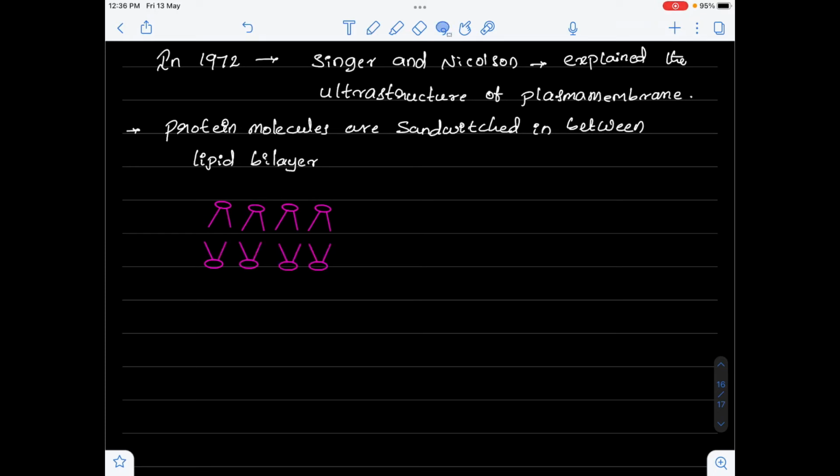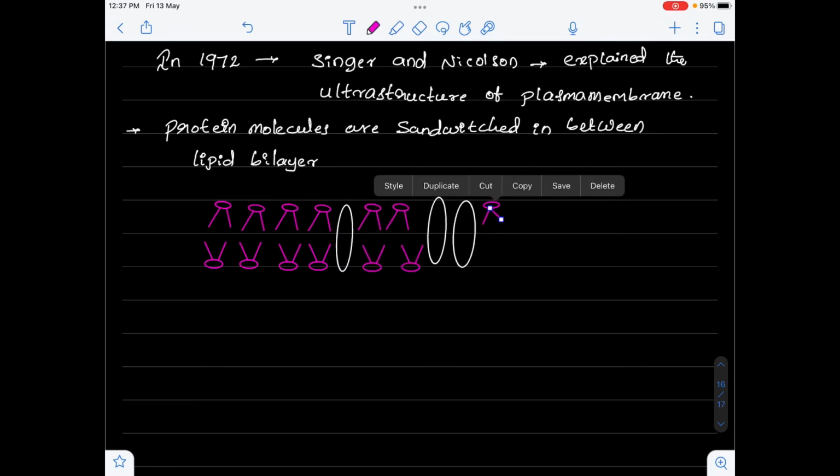Like this, phospholipid molecules are arranged in two layers. Between these lipid bilayers, the protein molecules are embedded like this.